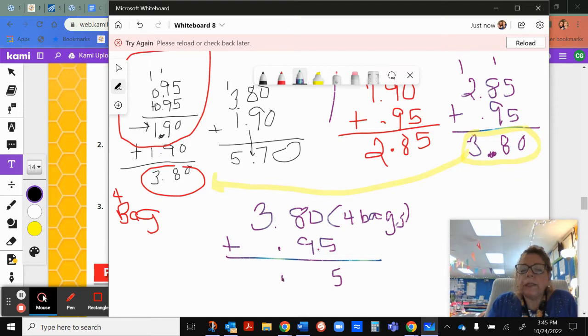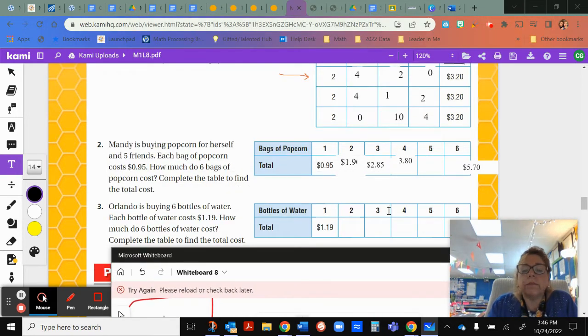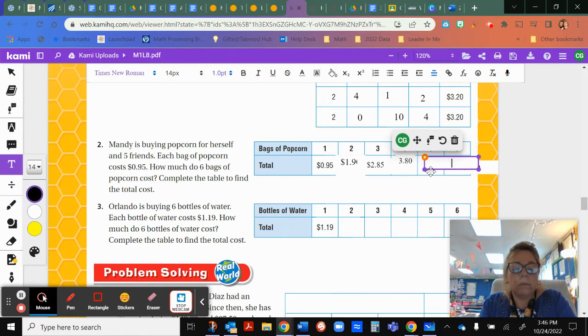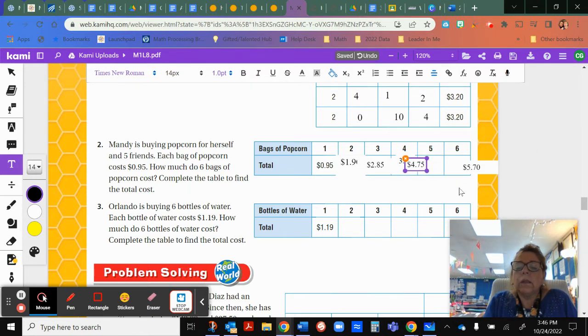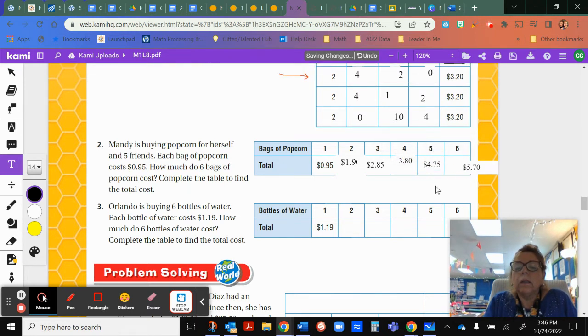Decimal point, 8 plus 9 equals, very good, it's 17. Regroup. I already put down my decimal. You see that right there? So I don't forget. 3 plus 1 equals 4. So the cost of 5 bags is $4.75. Okay, and so there we go. And we completed the table.